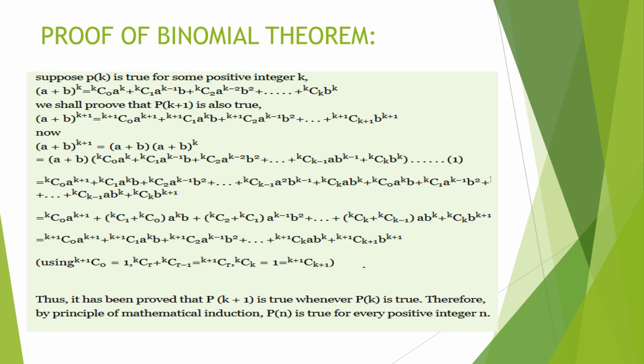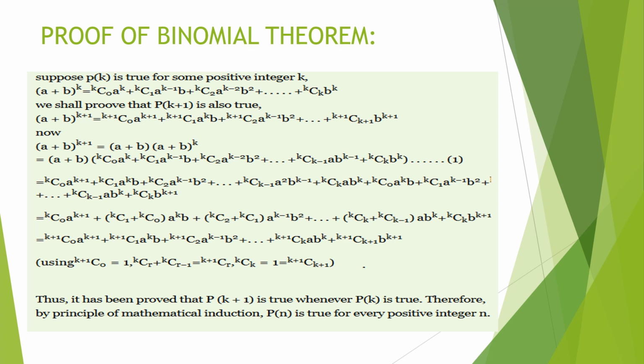So now what is the statement for k + 1? (a + b)^(k+1). So what we have to prove is (a + b)^(k+1) is equal to (k+1)C0 a^(k+1) plus (k+1)C1 a^k b up till (k+1)C(k+1) b^(k+1).